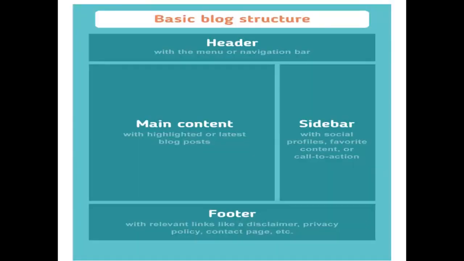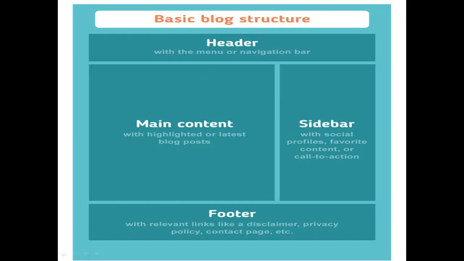Next one is your blog structure. The appearance of blogs has changed over time, and these days blogs include a wide variety of items and widgets. Most blogs still include some standard features and structure. So here is the structure of blog.